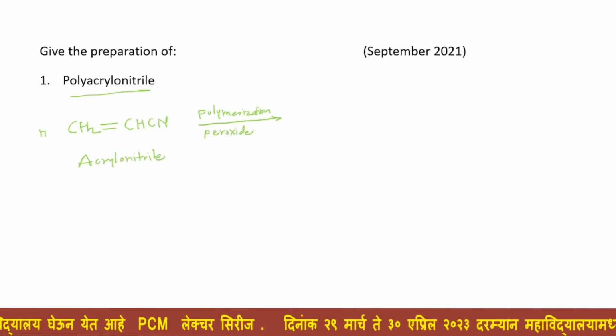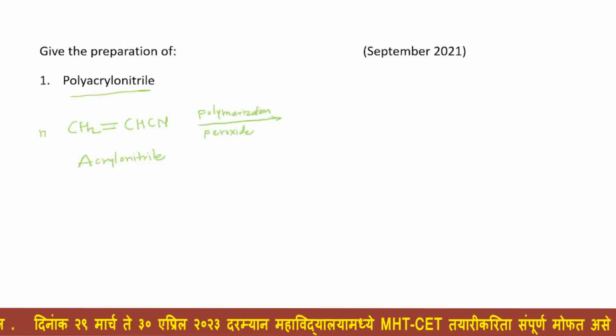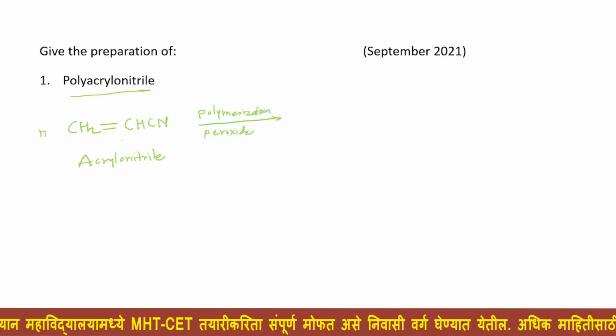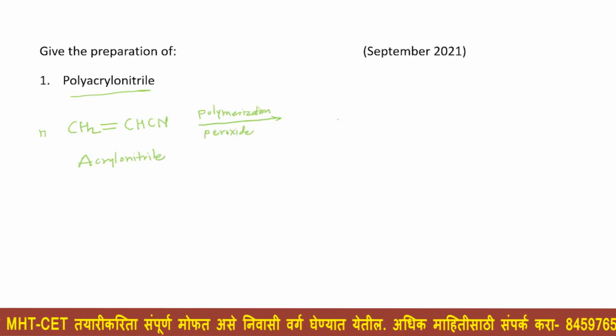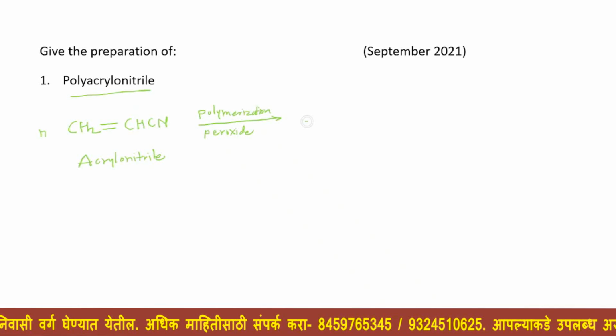With the help of this peroxide initiator, this double bond will be broken and a continuous chain of this acrylonitrile will be made, which we call polyacrylonitrile, right?